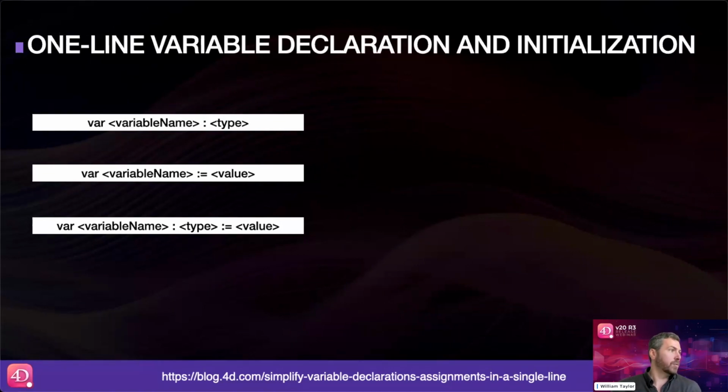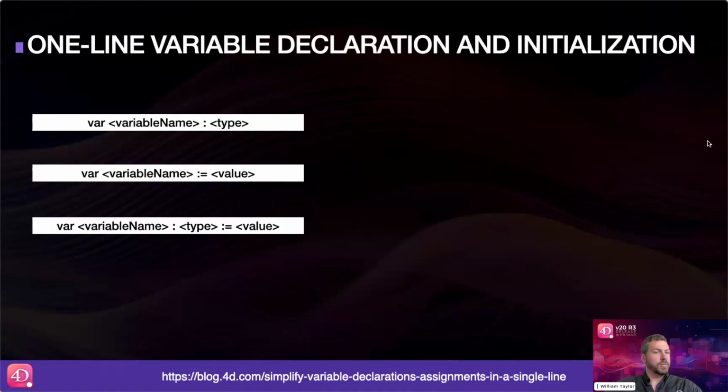Or you can also set the type and then the value by using var, variable name, colon, type, and then the value. This is going to be used for, let's say, complex types, or when you want to be sure that you're telling the compiler to use specifically that type.